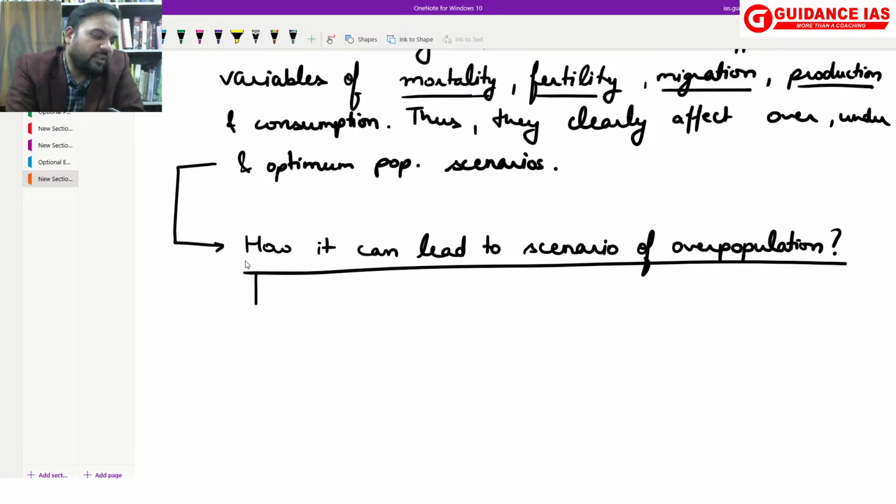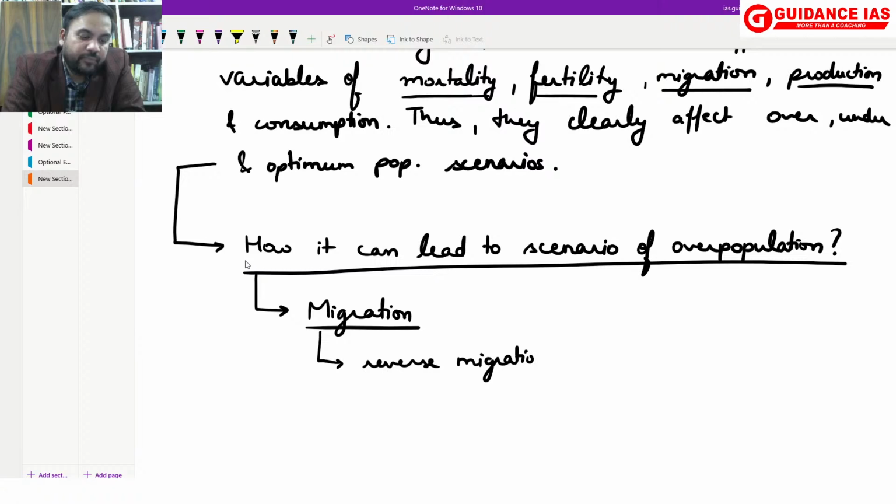So out of these factors, which is the most pertinent factor that can ultimately lead to the problems we see in overpopulation? Like the example we saw just now. Can I say I can give examples, in such scenarios there can be scenarios of migration. Can I take the example of the reverse migration which occurred in India?